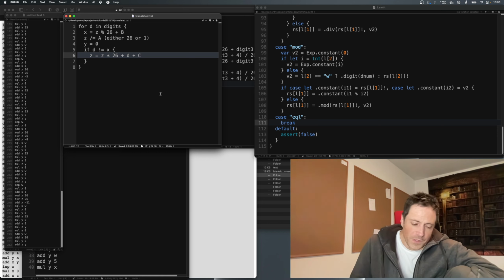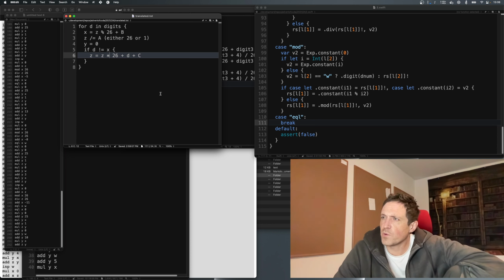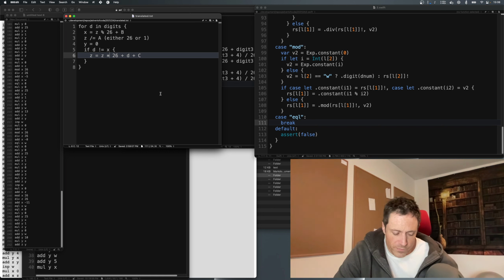What am I doing? Do I have a strategy for figuring this out? So we know that Z is between 12 and 20 on the last iteration. If it's between 12 and 20 on the last iteration, we know that we can compute it, and if it's 20, then we can plug a 9, which is the biggest digit.